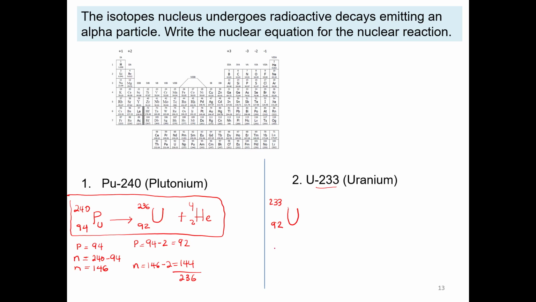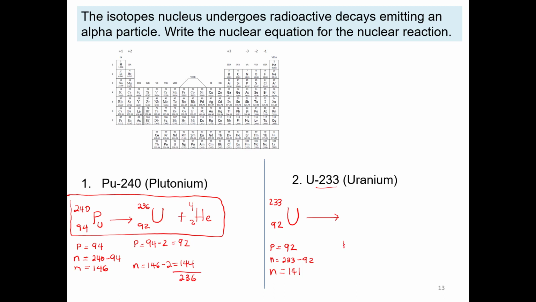Now let's write the number of protons. The number of protons corresponds to 92 in the case of uranium, and the number of neutrons will be 233 minus 92, which corresponds to 141. And let's see what is the number of protons and neutrons for the isotope we had in the products.